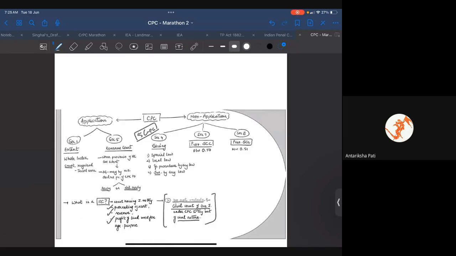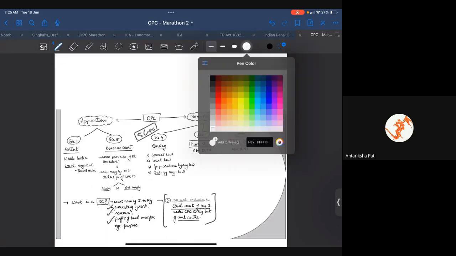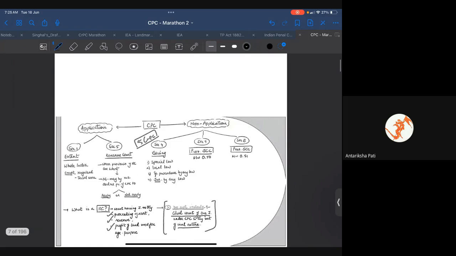Section 1 says that it is applicable to the whole of India except Nagaland and tribal areas. Whether it is applicable to the revenue code: Section 5 says that when the provisions of the revenue code are silent, the state government may by notification direct that the provisions of CPC will apply or not apply.